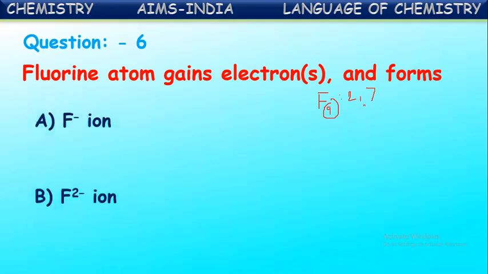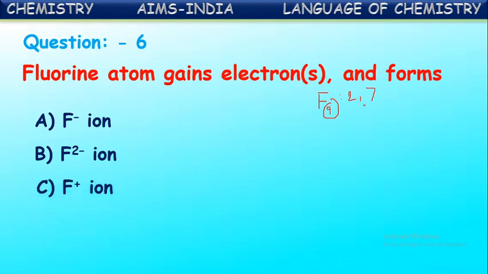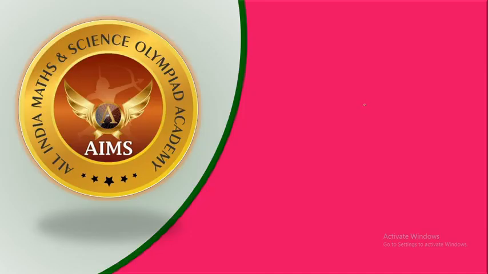F minus ion, F2 minus ion, F plus ion, or F2 plus ion? Yes, by gaining electrons, elements form negative ions, which are called anions or electronegative ions. As many electrons are gained, that many negative charges appear on the symbol. So as it gains only 1 electron, it forms F minus ion. Okay, this is about different ions and radicals.